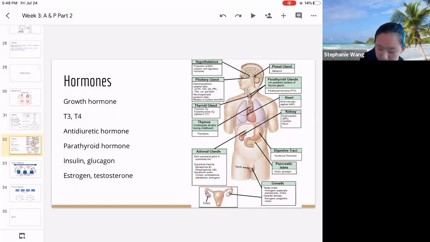The pituitary gland secretes growth hormone, which is the hormone that triggers puberty and for a person to have a growth spurt. So that's all caused by the growth hormone. Oxytocin is also released by the pituitary gland, and that's for birth and stuff like that.